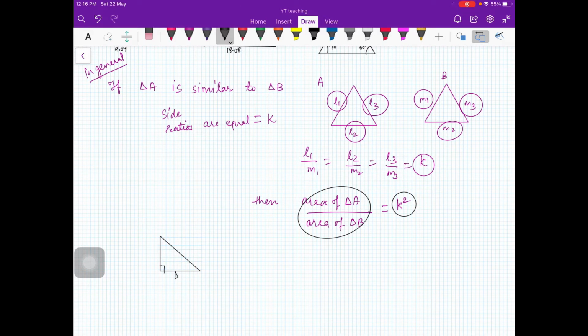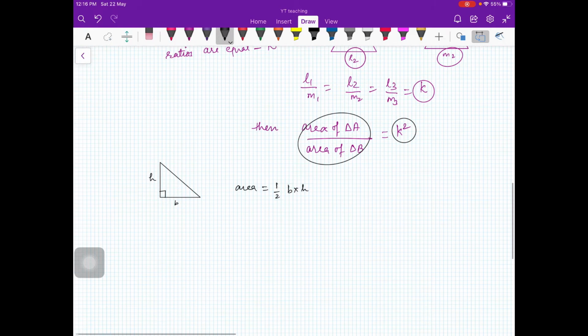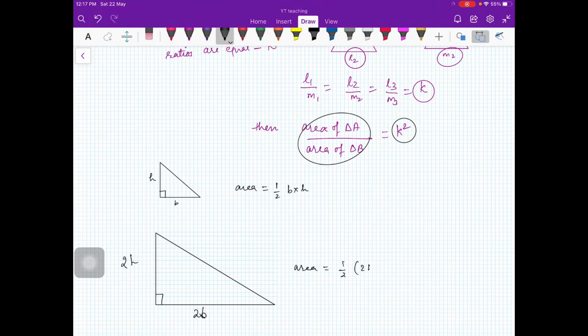Then area is half base into height. Suppose there is another triangle whose base is 2 times B and whose height is also 2 times H. Then the area will be half base into height.